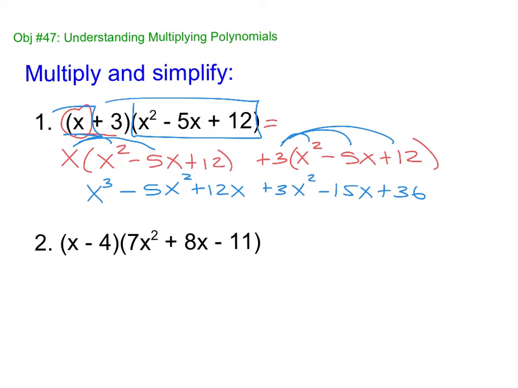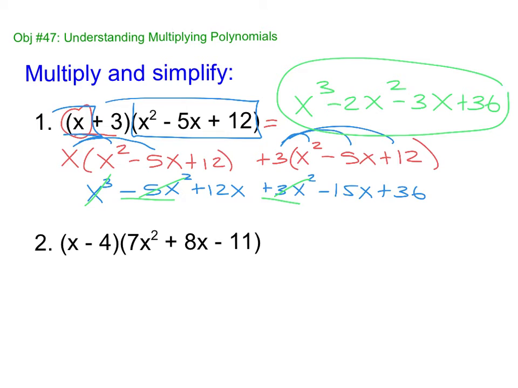So then we're going to combine like terms. And let's see, I got my x cubed. And then for squares, I have negative 5 and positive 3, so that gives me a negative 2x squared. And then I got my 12 and my negative 15 gives me negative 3x. And then that last plus 36.